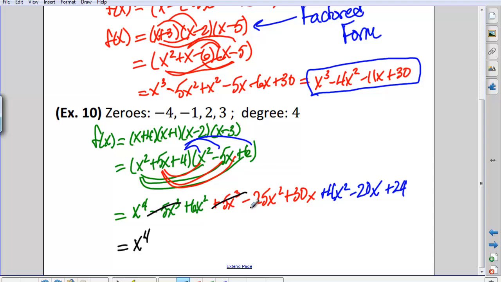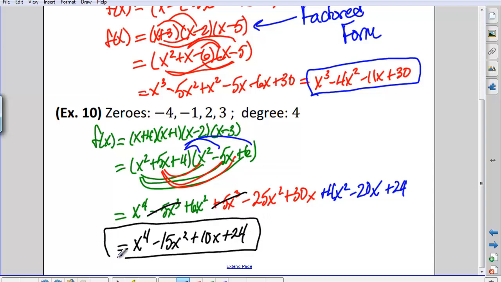It's a 6 minus 25 is minus 19, plus 4 is a minus 15x squared. And if we look at x's, we got a 30 minus a 20 gives us a plus 10x, and then plus 24. So if it didn't ask for the factored form, this right here would be your final answer.